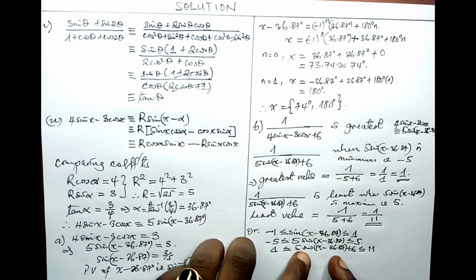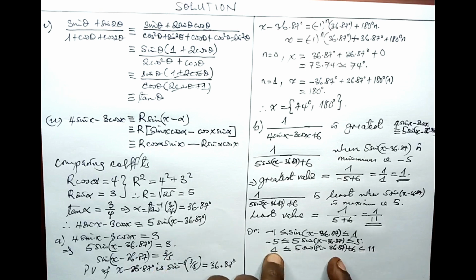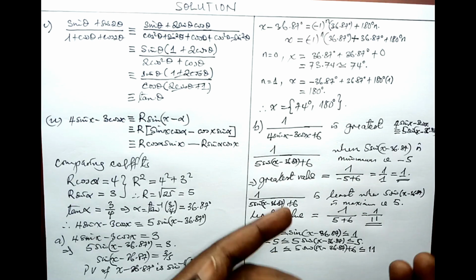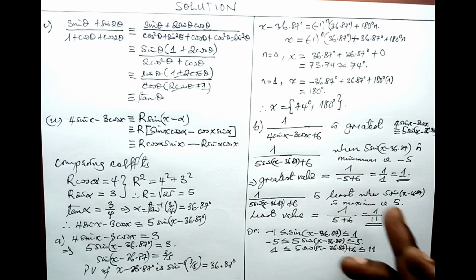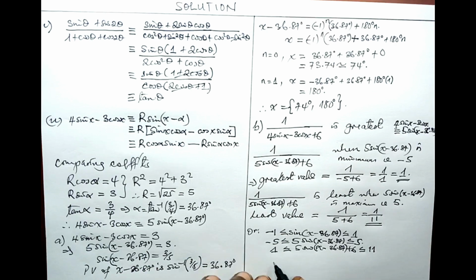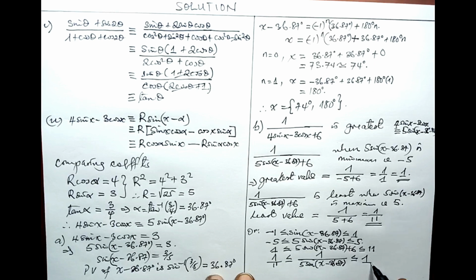Remember when you invert 1 and 11, the inverse of 11 becomes smaller than the inverse of 1. So I simply exchange the extremes. So 1 all over 11 is less than or equal to the inverse of that middle, 5 sine bracket x minus 36.87 plus 6, less than or equal to the inverse of 1, which is 1.